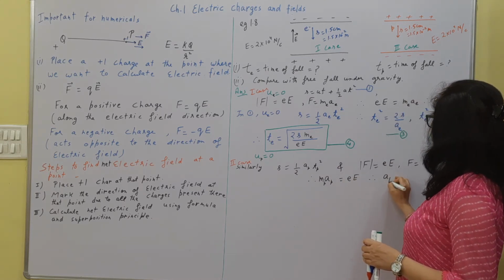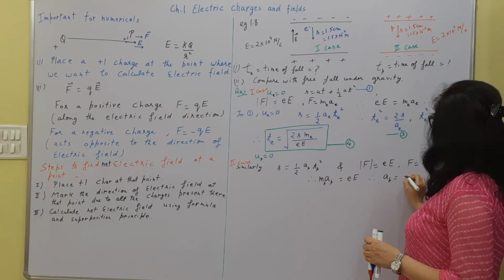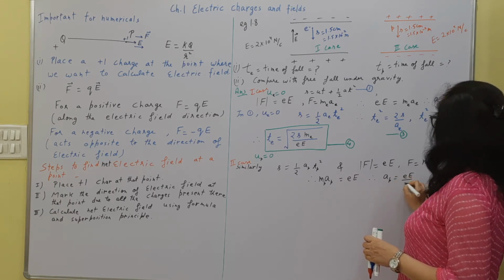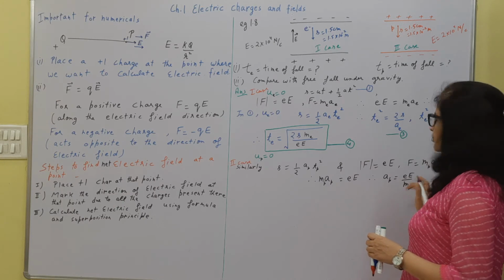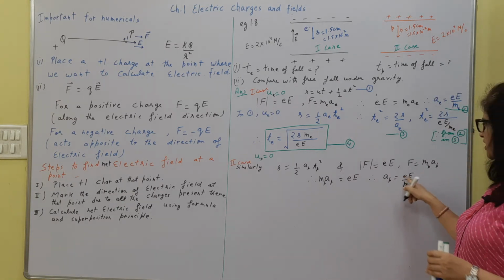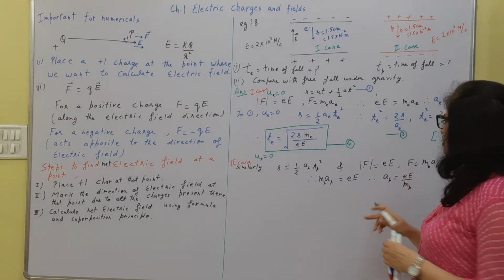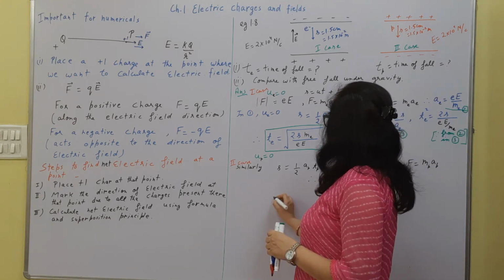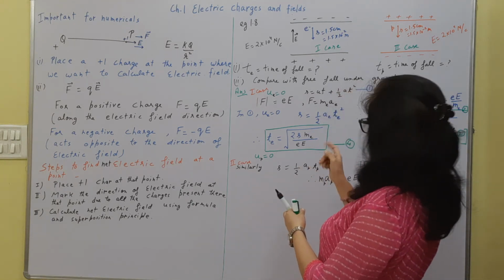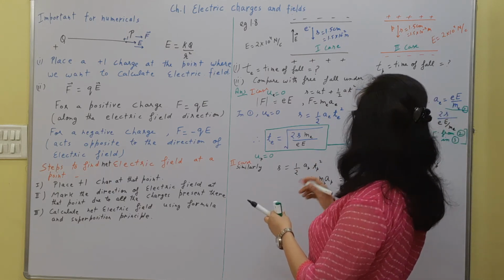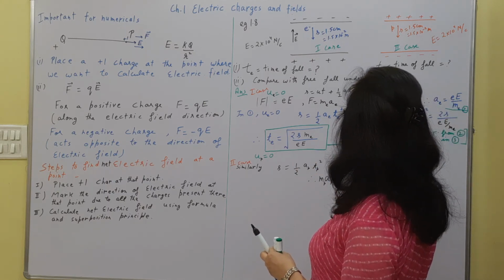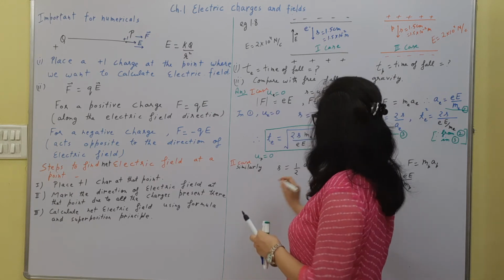Therefore, acceleration of proton is equal to E upon mass of proton. The magnitude of the charge and electric field is same for both. So therefore, the time of proton fall can also be calculated using equation 1.